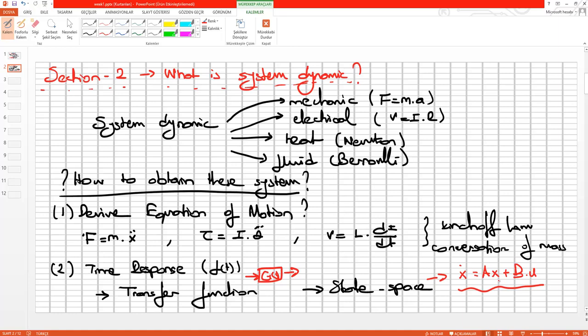Okay, this is so important, because if your real system matches this dynamicity, the transfer function or the state space, then we can control this system based on this information. Okay, any question?